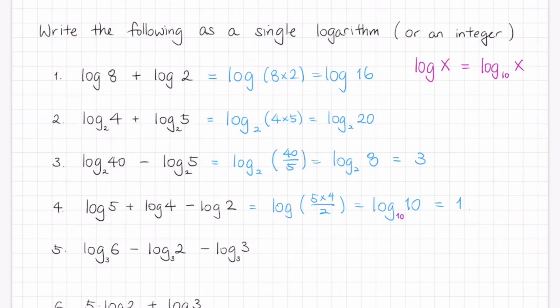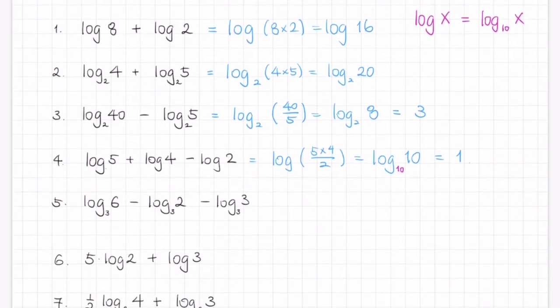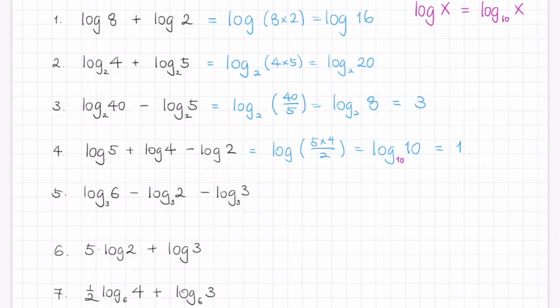Okay, and number 5. This is where people make mistakes sometimes, when you have a minus and a minus. So this is log base 3 of 6 over 2 times 3.